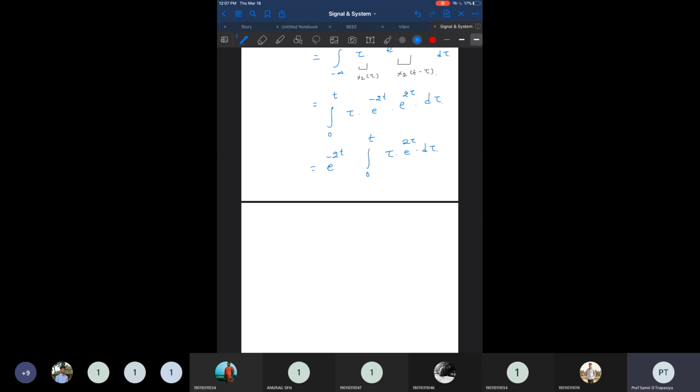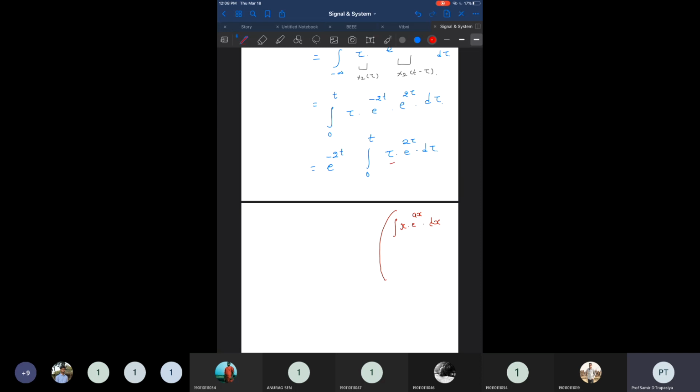Okay, now we have to find this integration, but there is a common formula. The common formula suggests that if something is in the form of the integration of x into e raised to ax dx, right? Here we have the same thing.